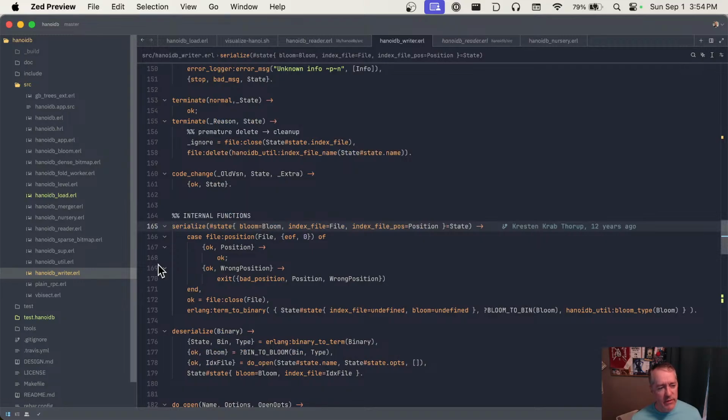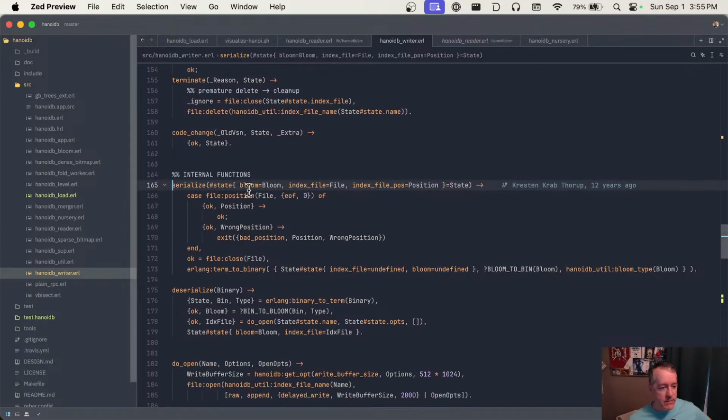It's not so important since we're not going to have hibernate in Rust, but there might be something there that we want to do that's similar. So I think it's good to read and understand this. Okay, so if we're writing into the file and we've got the bloom filter and the position.